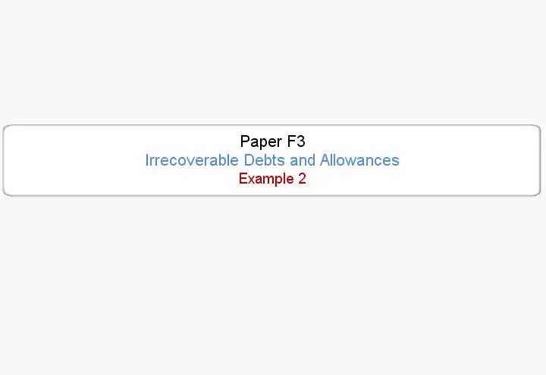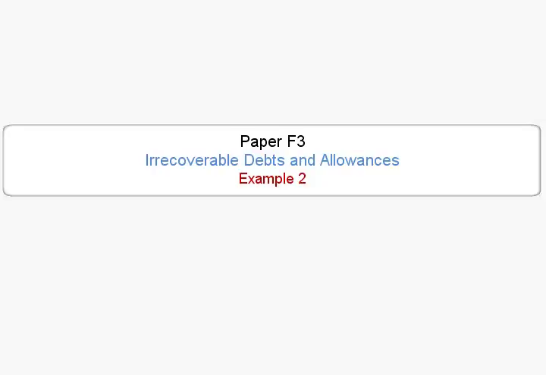And I must point out, particularly when we come to the second example, that there are various ways of ending up with the same result, and as long as we end up with the correct result, it doesn't matter how we do the debits and credits. The way I'm going to show you is by far the easiest and the safest. So if you want to do it differently, fine, but this really is the safest way.